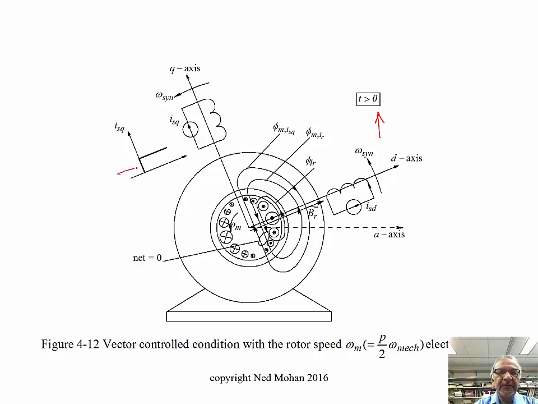Maybe initially it was over here, there's 0, and you want to change this as a step, right? So it was initially turning at some synchronous speed and at some slip speed, and when you make this torque take a jump, instantaneously the slip speed has to increase, and therefore the synchronous speed has to increase.